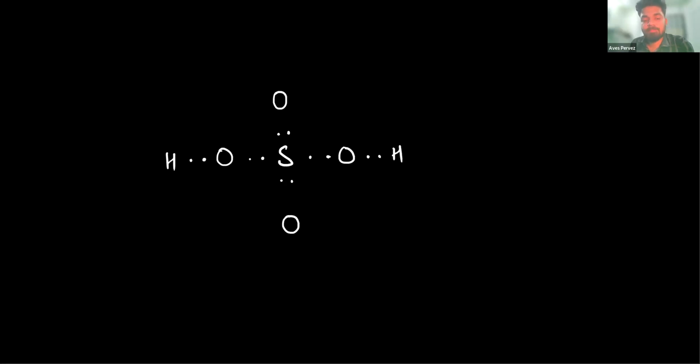Like this way. One electron of this sulfur will be shared like this way. And the 6 electrons, 1, 2, 3, 4, 5, 6. So this is the electron dot structure of H2SO4. Here you will notice that the central atom has 12 electrons in its outermost shell. Sulfur can have more than 8 electrons in its outermost shell.